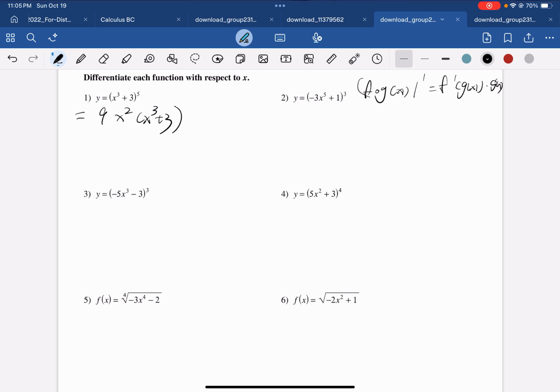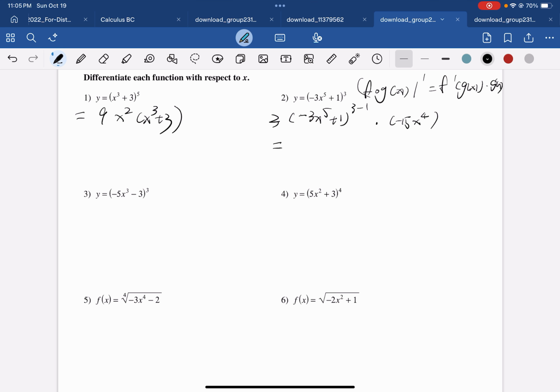For this one, it's a cube function, and the inside function is negative 3x to the 5th plus 1. So we take the derivative of the outside function, which is 3 times (negative 3x to the 5th plus 1) to the 3 minus 1, and times the derivative of g of x, which is negative 15x to the 4th.